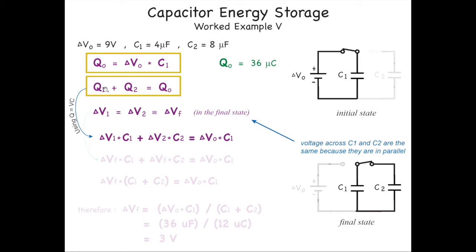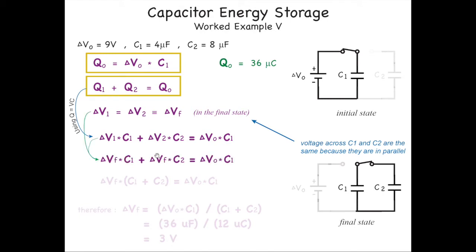All right, so let's see what we can do with these equations. We can take the equation Q1 plus Q2 is equal to Q naught, and apply Q equals VC to each one of these terms, so that Q1 is equal to V1C1, Q2 is equal to V2C2, and Q naught is equal to V naught times C1, because you remember Q naught was only on capacitor 1.